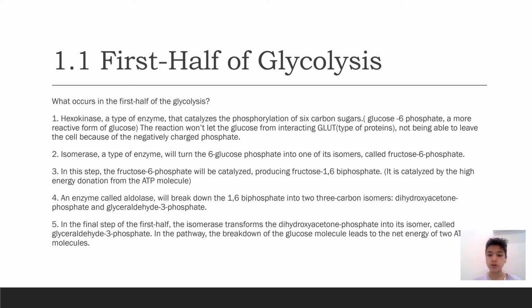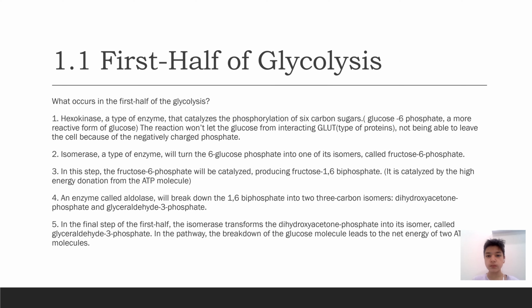For example, glucose 6-phosphate, a more reactive form of glucose. The reaction won't let the glucose interact with GLUT, a type of protein molecule, so it is not able to leave the cell because of the negatively charged phosphate.